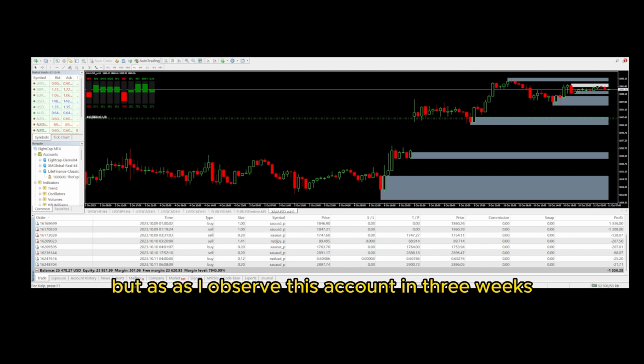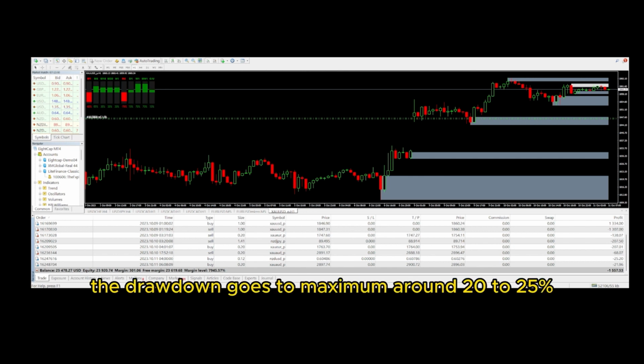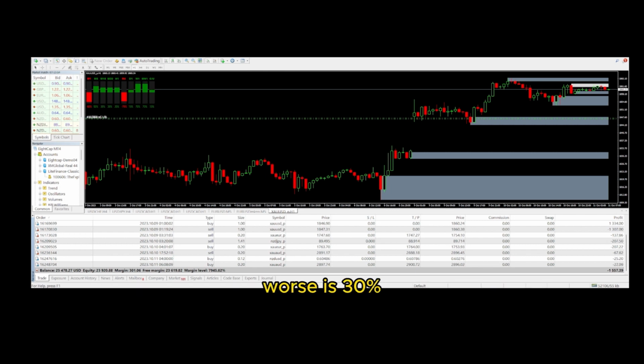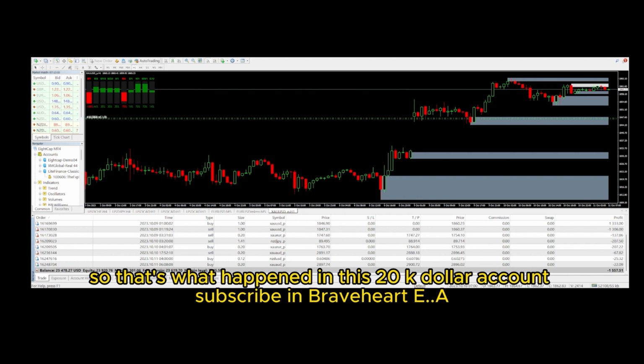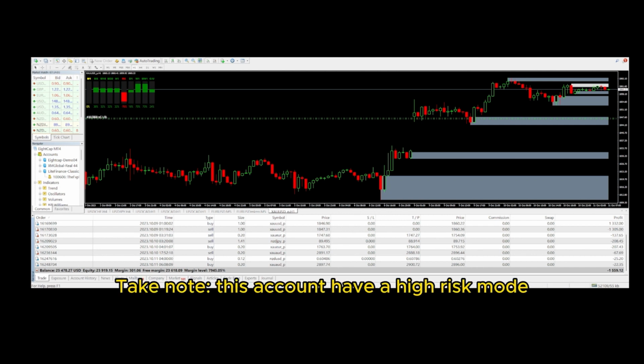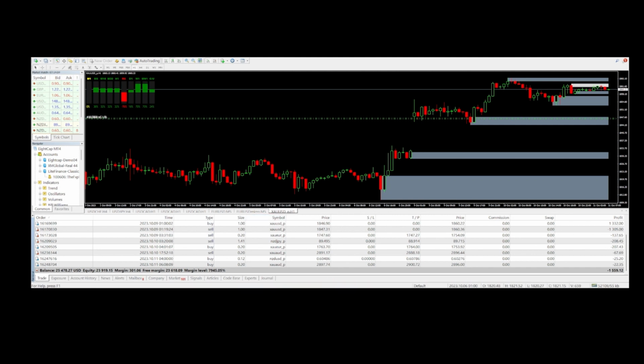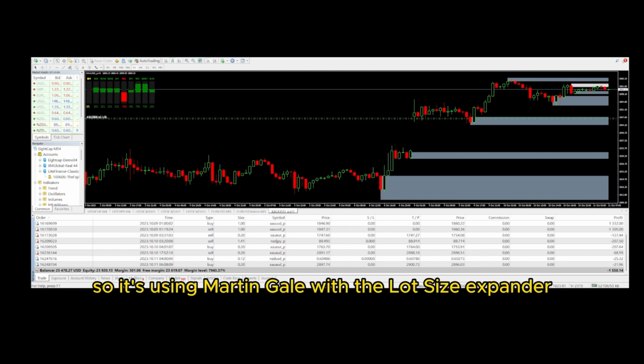But as I observed this account over 3 weeks, I noticed that the drawdown goes to a maximum of around 20 to 25%. The worst is 30%. So that's what happened in this $20K account subscribed to Braveheart EA. Take note, this account has a high-risk mode, so it's using Martingale with the lot size expander.